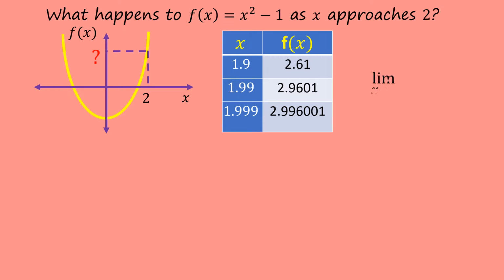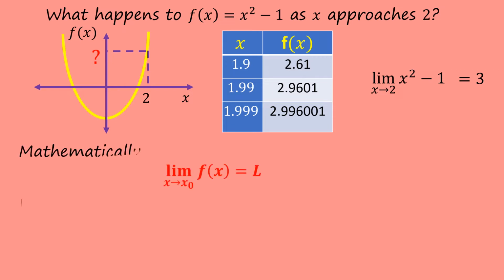In this case, we know that we can take the limit as x tends to 2 of x squared minus 1. If we look at this function, by the time we input the values of x, we can see that the values we have are relatively close to 3. Now, if we take this limit, we are going to get 3.